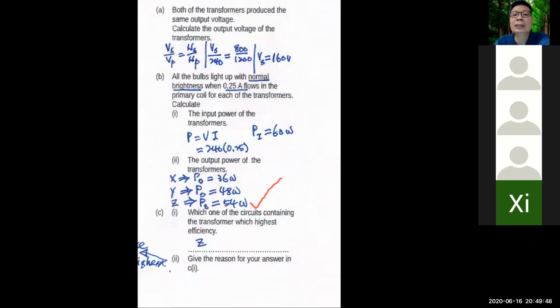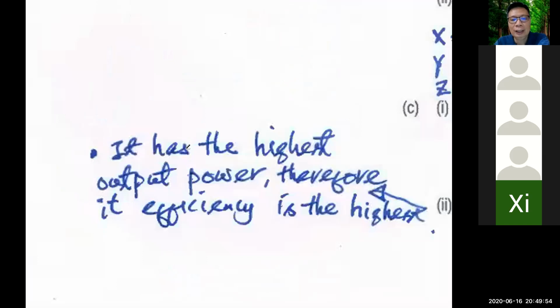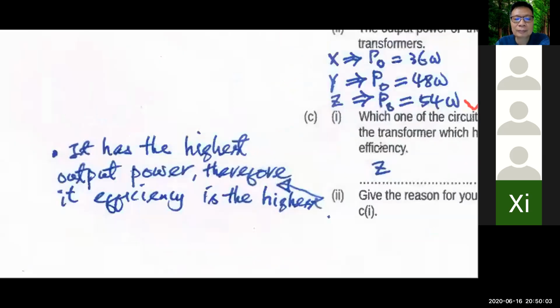Yes, correct answer. So the answer, you write in a proper sentence, so you write like this. It has the highest output power. The output power is the highest, right? 54, you see here, 54, right? The highest, 54. Therefore, its efficiency is the highest.